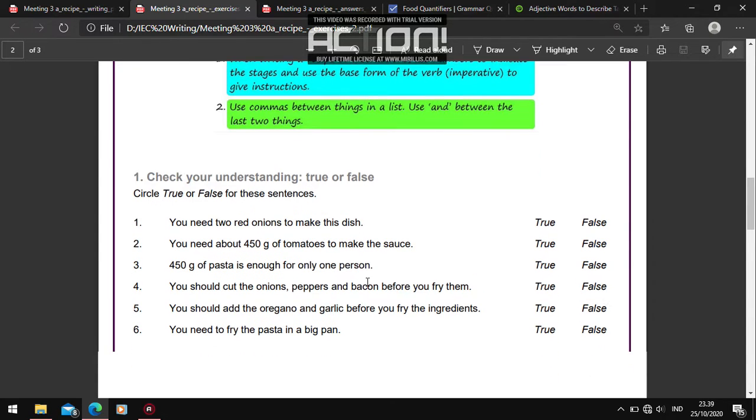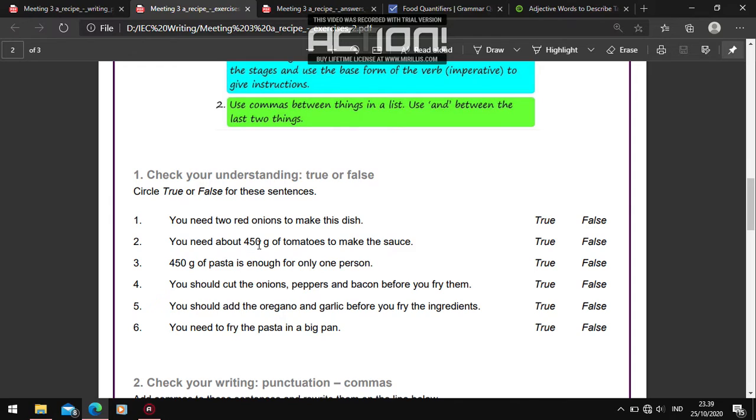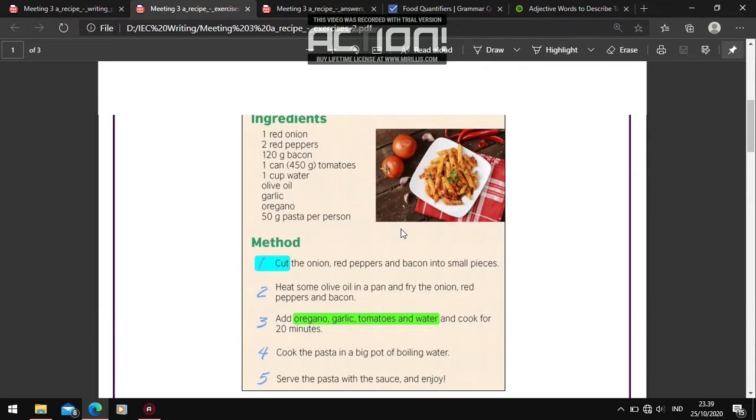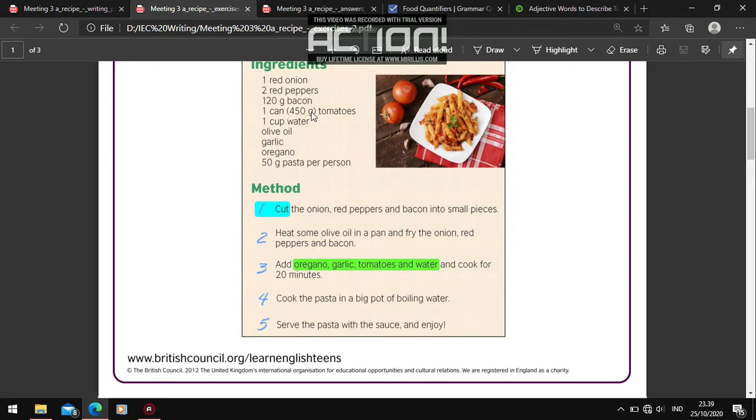Okay, number 2. You need about 450 grams of tomatoes to make the sauce. Is it true? Let's see again. 450 grams of tomatoes. So here, 1 can. You need to explore what is can. In vocabulary, later on you will learn it in semantics. One word can mean more than one thing. Can, you always know that the meaning of can is bisa, right? But if you find it in your dictionary, it also means kaleng.